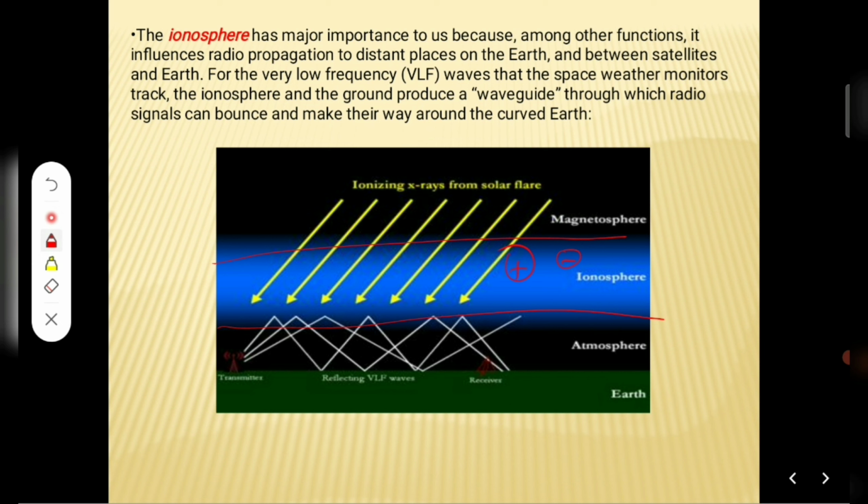So, when a transmitter sends a radio wave, the ions reflect the radio wave back to the Earth's surface, and it is reflected by the Earth's surface again back into the atmosphere. Like this it keeps reflecting up and down, and finally there is a receiver. The receiver translates the radio wave again into an analog or digital signal.